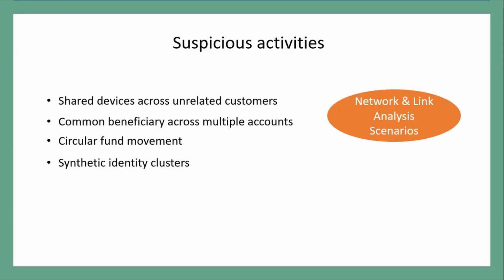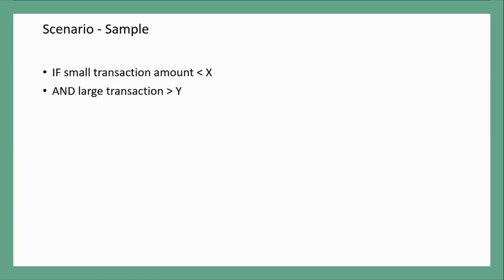So far we discussed which interactions or activities could be suspicious. Now, one or more of these activities together form a scenario. For example, a scenario could be a small transaction amount, say less than 150 rupees, and immediately after that, a large transaction of more than 70,000 rupees, with a time gap of 10 minutes between those two.